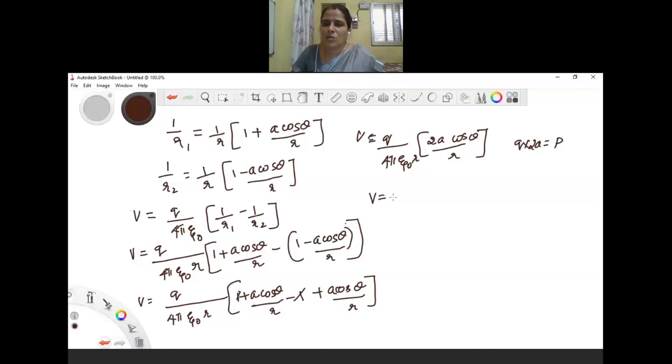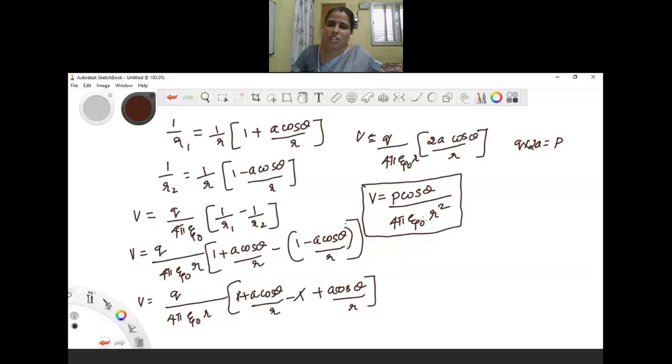So we will get potential is equal to P cos theta divided by 4 pi epsilon naught R square. So this is the expression for potential due to an electric dipole. Potential due to an electric dipole is P cos theta divided by 4 pi epsilon naught R square.